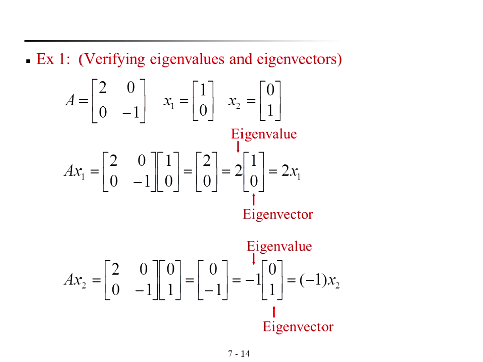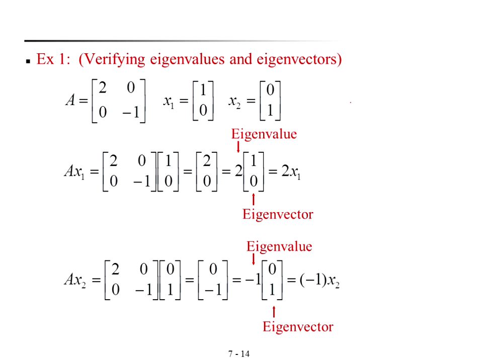These are a few simple examples. Eigenvalue is a scalar because lambda is a scalar, and eigenvector is a vector quantity.